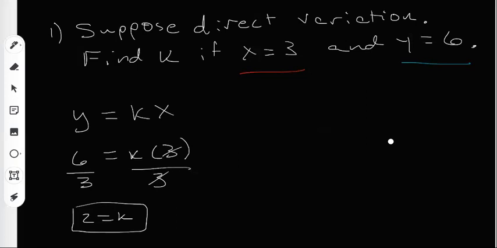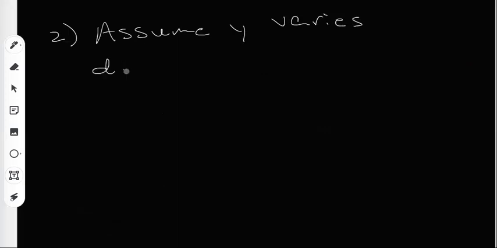Okay, let's move on to number 2. Number 2 says, assume y varies directly as x. So you know you're going to have y equals kx.